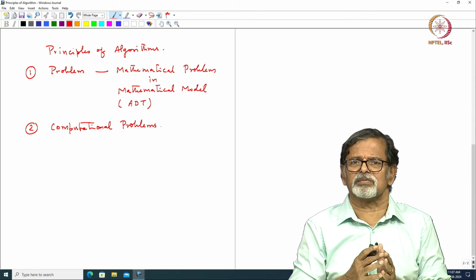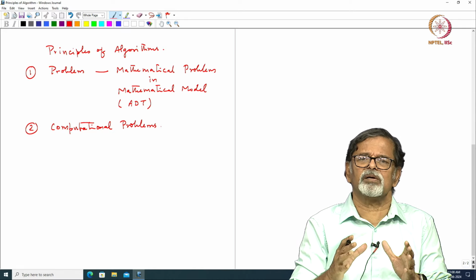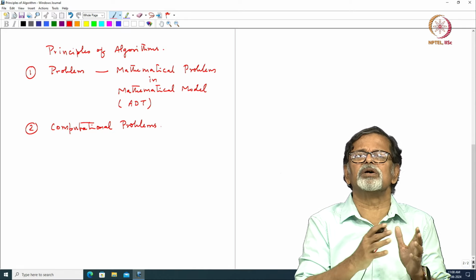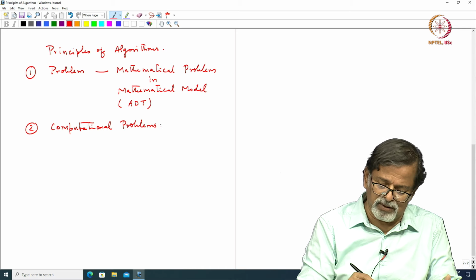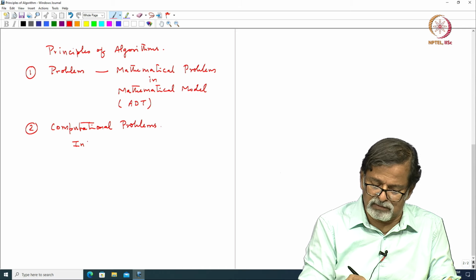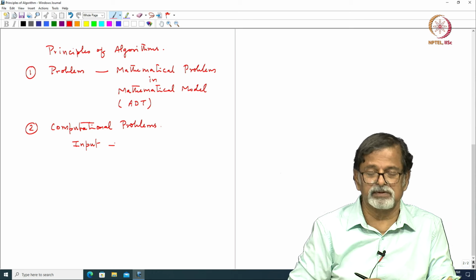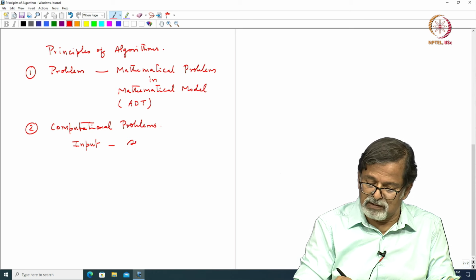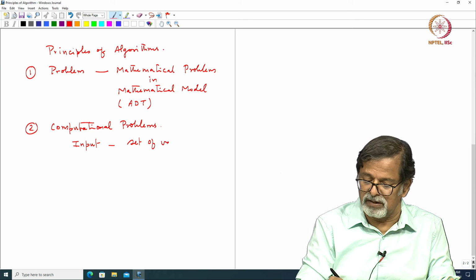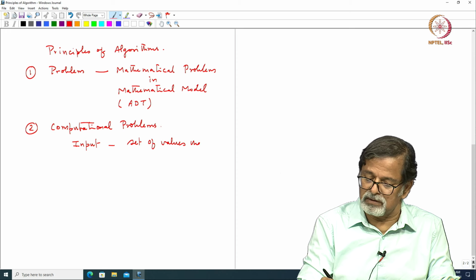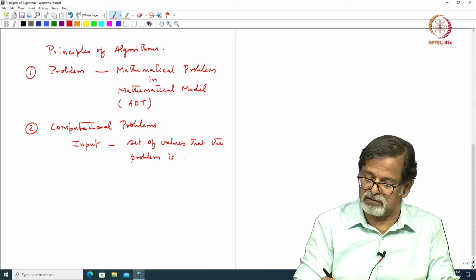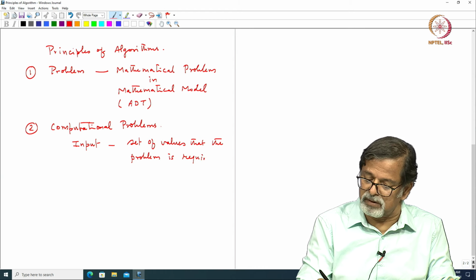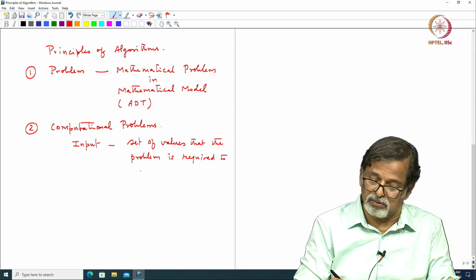What is a computational problem? Every computational problem is required to work on certain values from the mathematical model, and they are called inputs. So input is the set of values that the problem is required to work with.